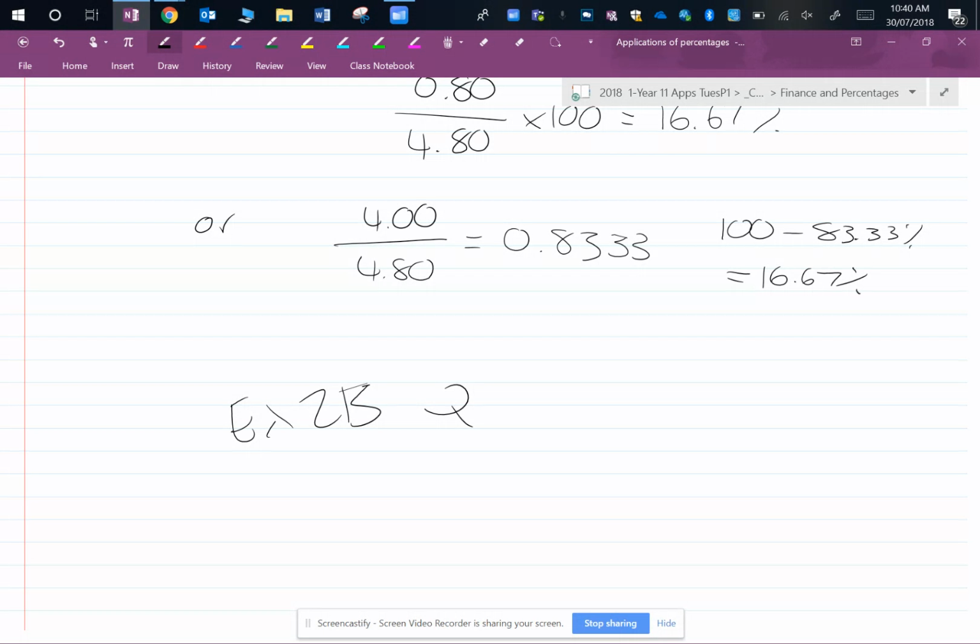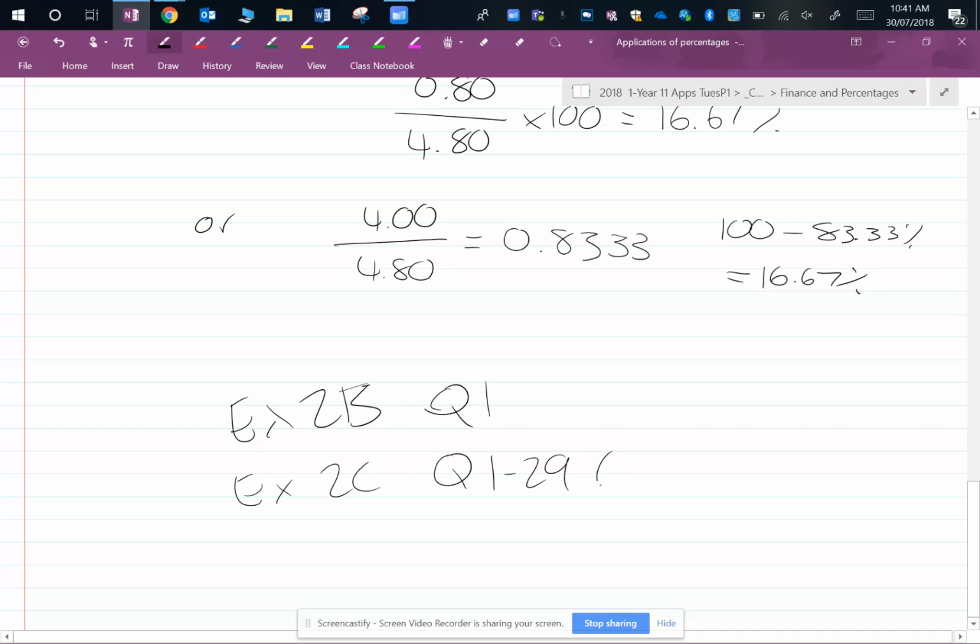And then exercise 2C, questions. We're going to go 1, there's a whole heap. We're going to go 1 to 29 every second question. They're each single question. So you're going to do 1, and then 3, and then 5. Okay. So questions 1 to 29, every second question.